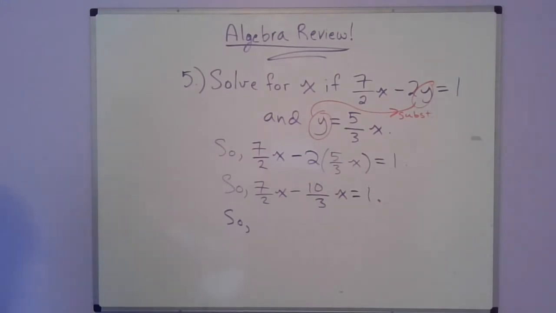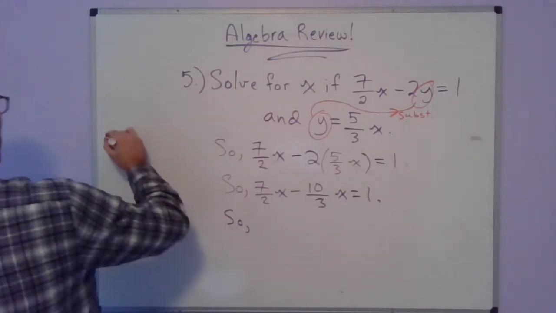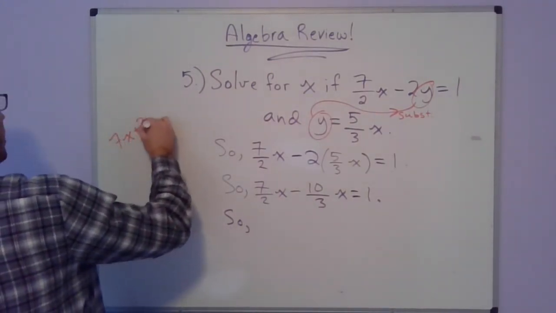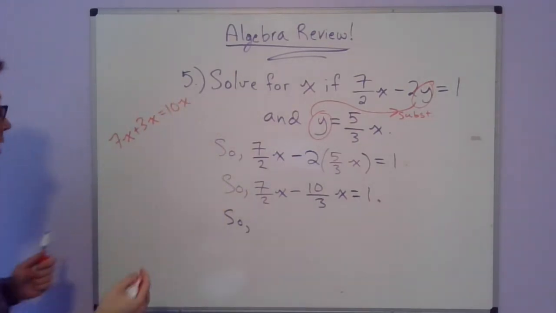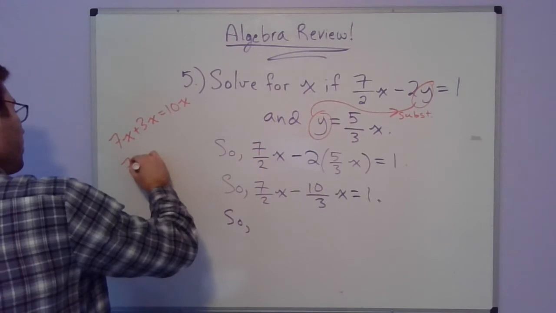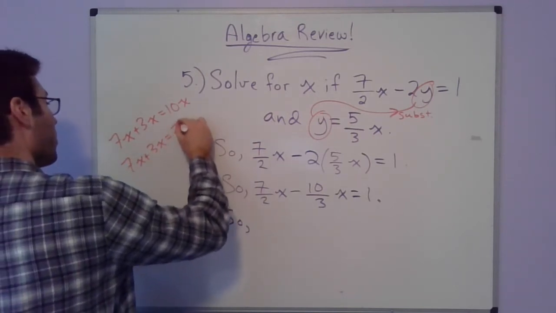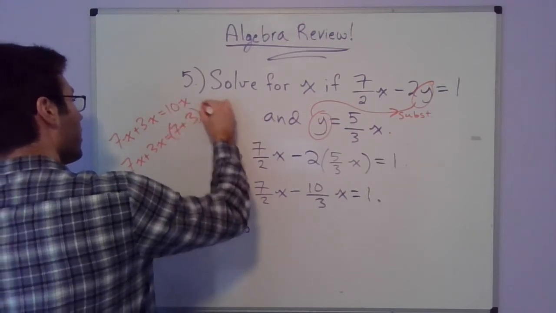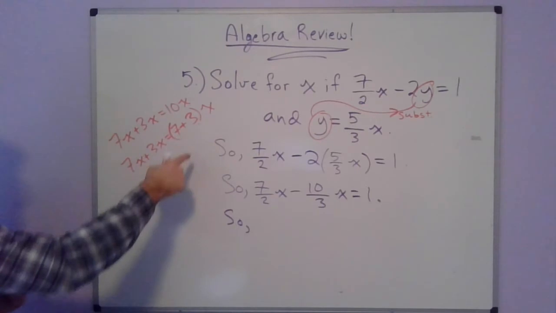A lot of times you'll see certain people. Did you know when you do this, and so this is in red, so when you do something like this, when you're saying 7x plus 3x is 10x, what you're really doing is you're saying that 7x plus 3x is equal to 7 plus 3 times x. You're factoring out the x when you're doing that.